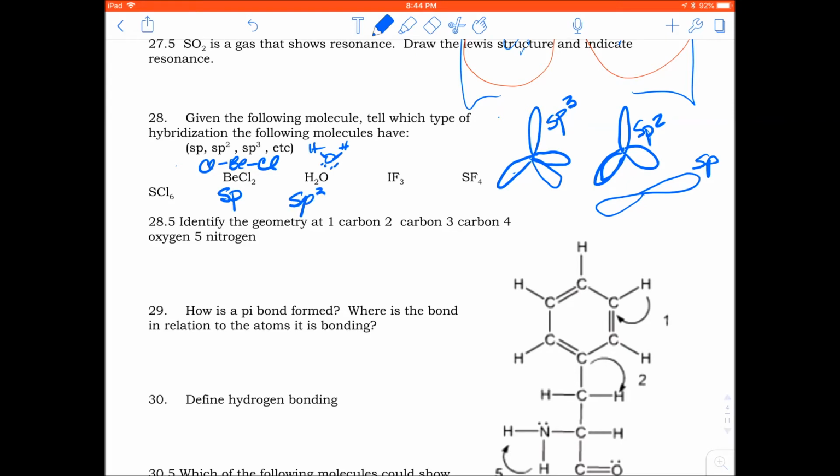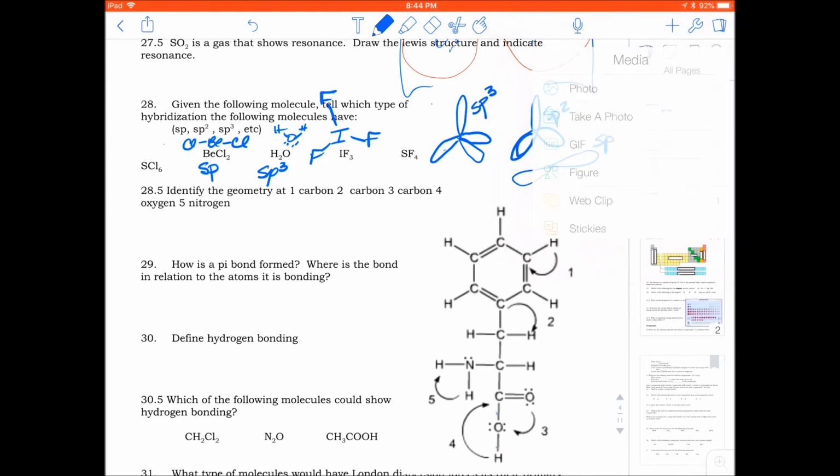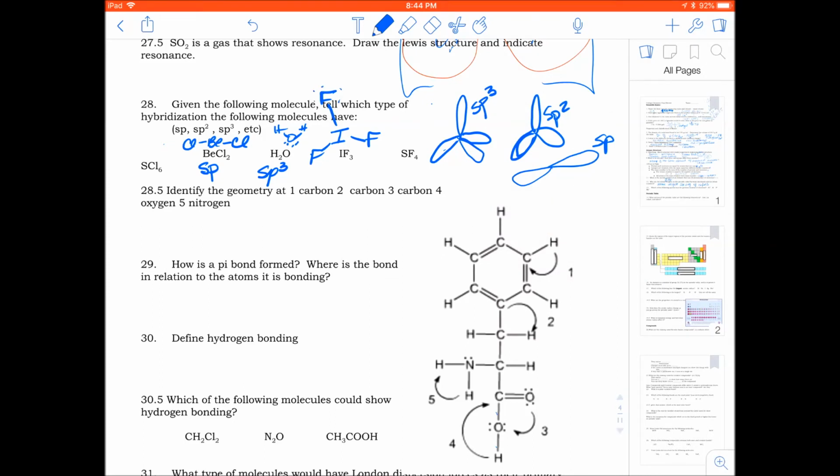He's sp3. If I draw IF3, we have a total of 28 electrons to put away. 6, 7, 8, 9, 10, up to 28. So we have 3 bond areas, 2 lone pairs.